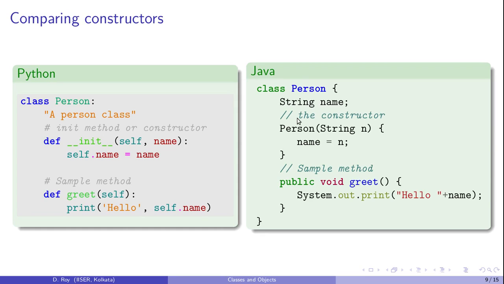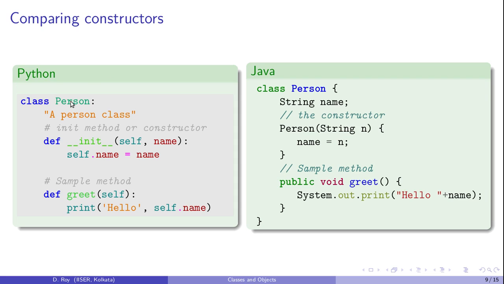While creating an object of this class, the constructor would be called implicitly. Similarly here in Python, this init function will also be called implicitly whenever we create an object of this class.